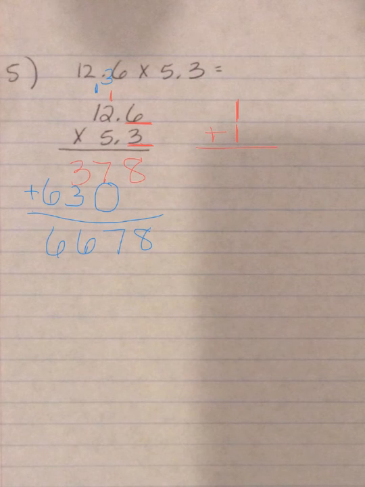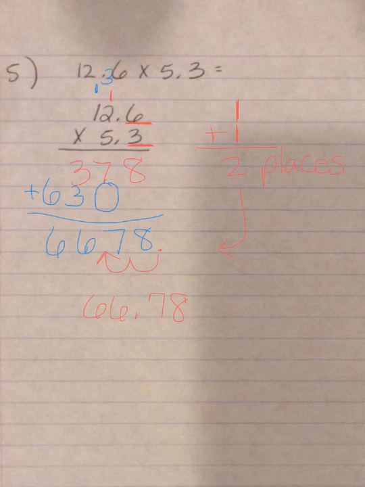So I add that up, and that means I should have 2 places in my answer, but I have to go the opposite way. So I'm going to go to the left in my answer. And so I start by putting an imaginary decimal at the end, and I move 2 places over, and that gives me 66.78.